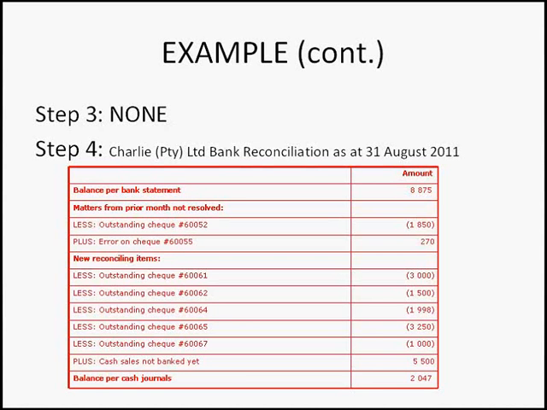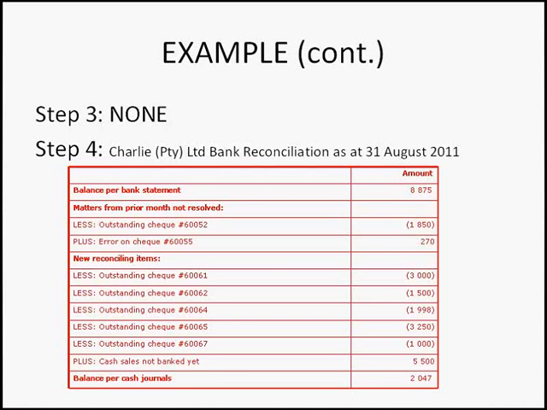If you do all of that and you don't get to 2,047, then you made a mistake somewhere in your reconciling items. The suggestion would then be to go back to make sure that you're adding and subtracting the correct stuff. And if it still doesn't work, then go and look at the ticks that you made, the items that you circled. You might have missed out on something. But a lot of times what happens is that you add or subtract the wrong thing.